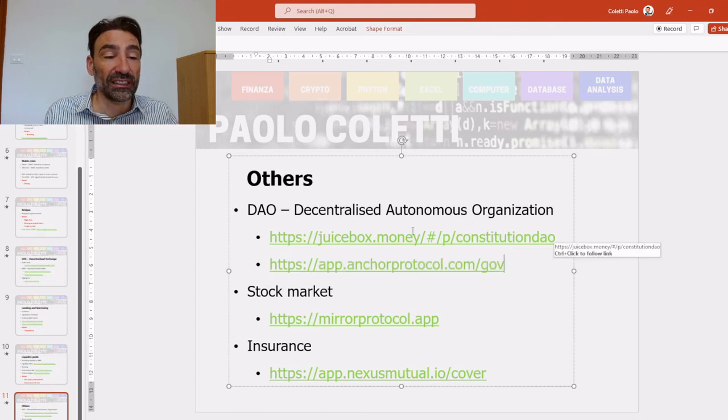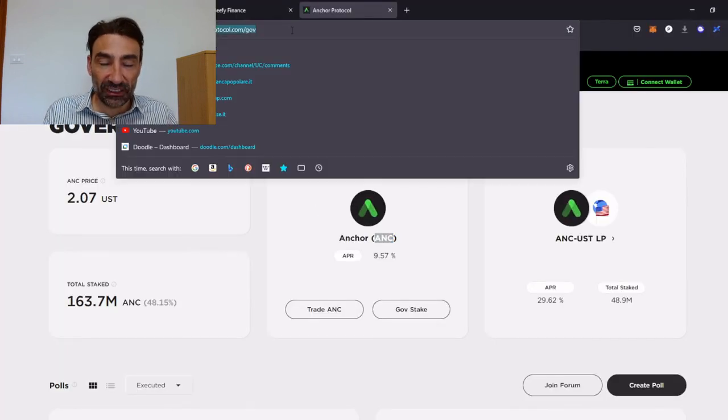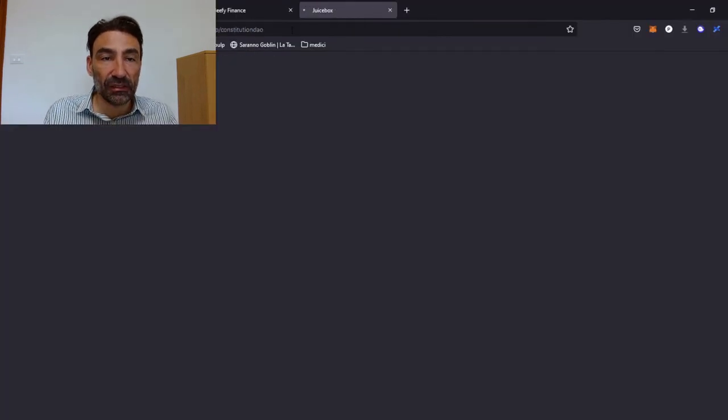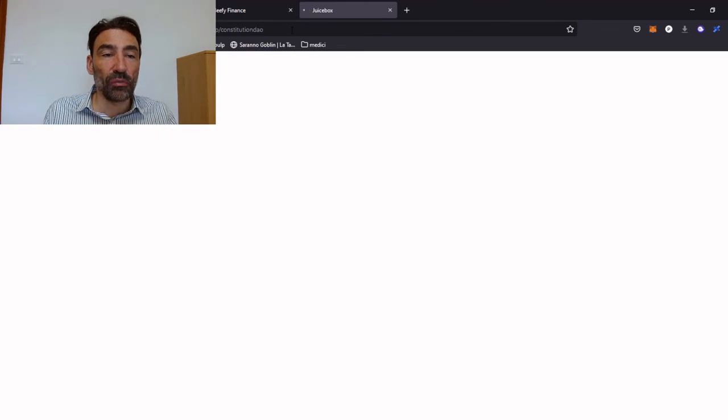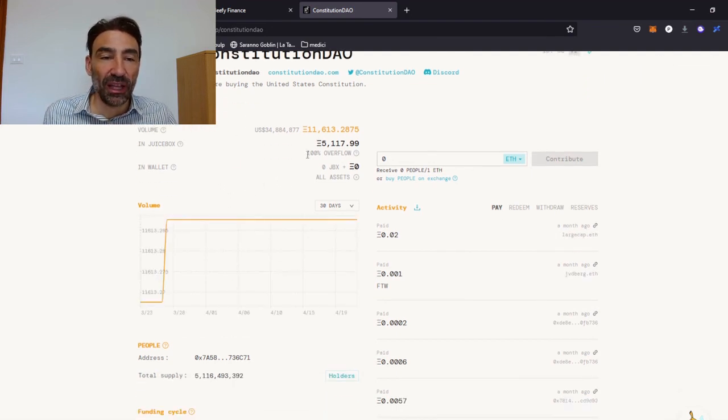If you want an example of an autonomous organization which has some impact on, let's say, real life, I have this example here. Constitution DAO. This is an autonomous organization based on Ethereum, which had a plan to buy a physical copy of the American Constitution. They managed to raise money.